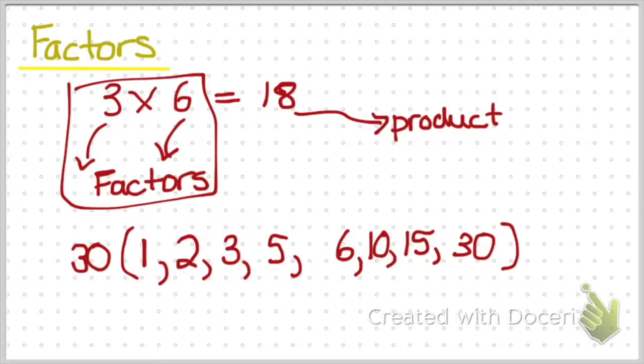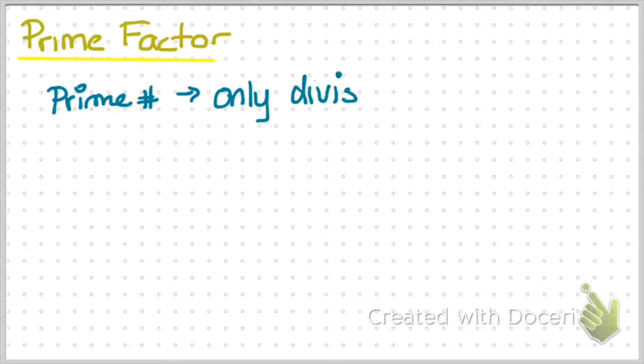The next thing that I do want to talk to you about, though, as we talk about factors, are prime factors. And the key word here is prime. At one point or another, you might have heard the word prime number. A prime number is a number that is only divisible by 1 and itself. So its only factors are the number 1 and itself.